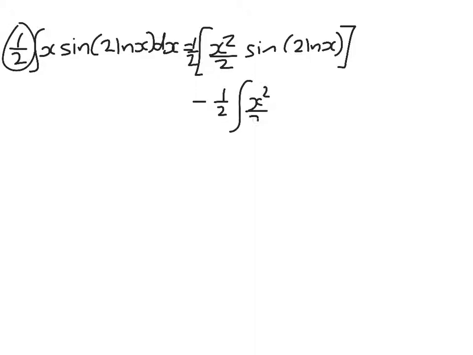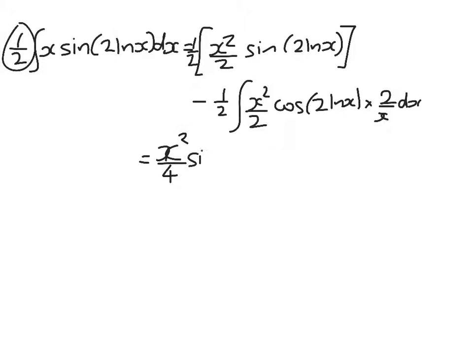Integrate the x, and this time differentiate the sine and the function inside it. Now we're going to clean that up. So we're going to get x squared on 4 sine of 2 log x.